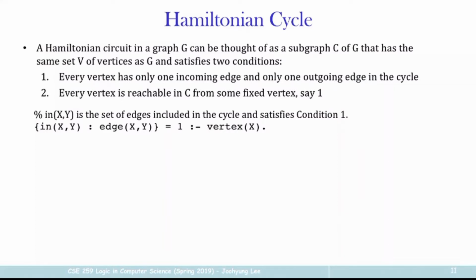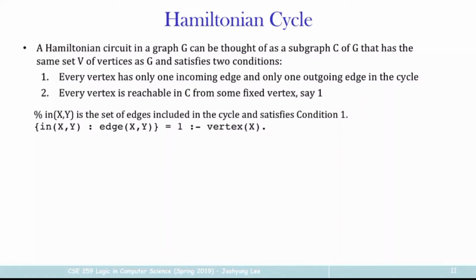So for each vertex, we are going to choose exactly one outgoing edge, because edge (X,Y) means there's an edge from X to Y. If you fix any vertex X, then you should choose exactly one Y to be in the in predicate.